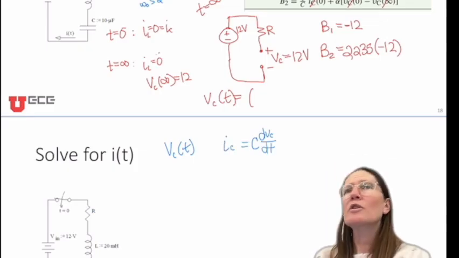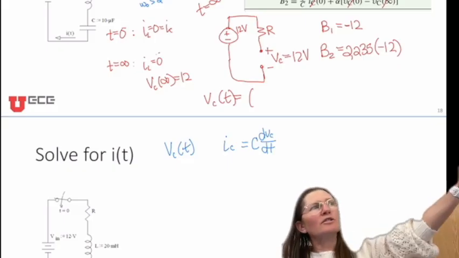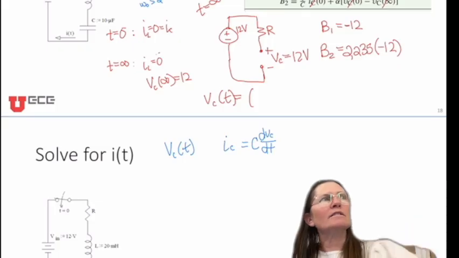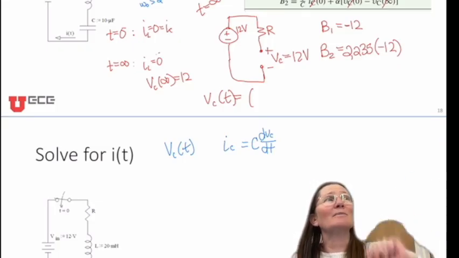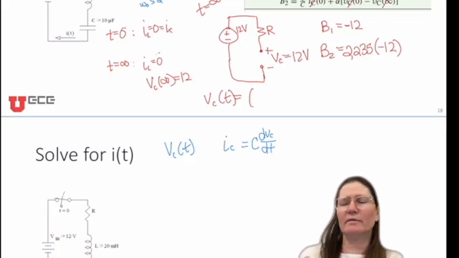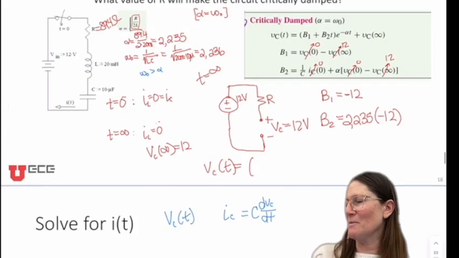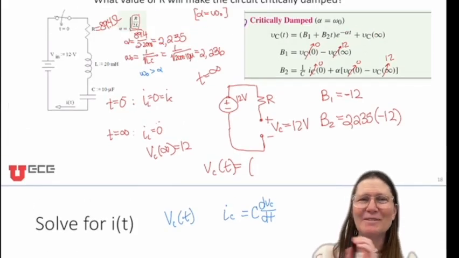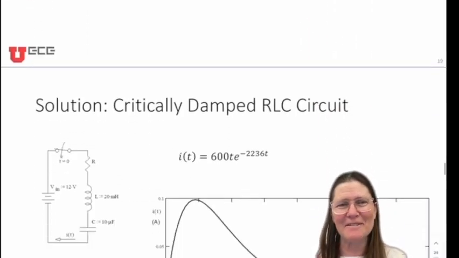So we would find the equation first for VC of t, and then IC is going to be C dVC, the derivative of that times C. And that's how we will get that equation. So I'm going to rework this and we'll go through the solution next time.